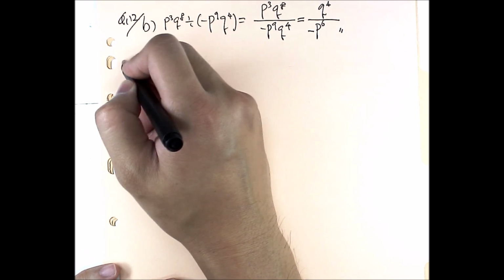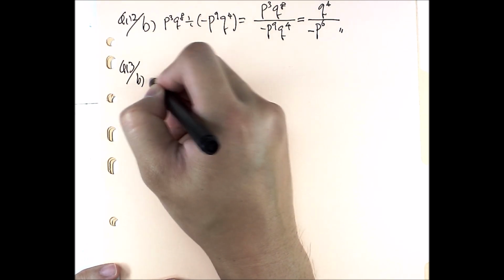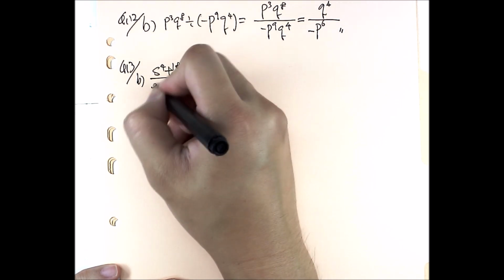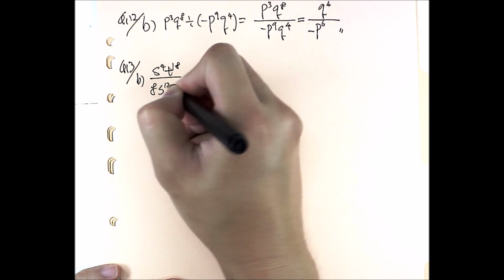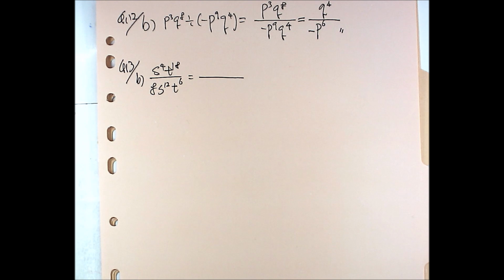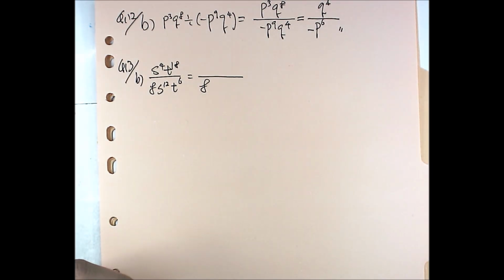So keep going. 13, copy the question: s to the power 4, t to the power 18, and then below, s to the power 12, t to the power 6. Okay, draw a fraction line first, do nothing with it. So keep the number 8 because there's no number to do some cancellation with 8.